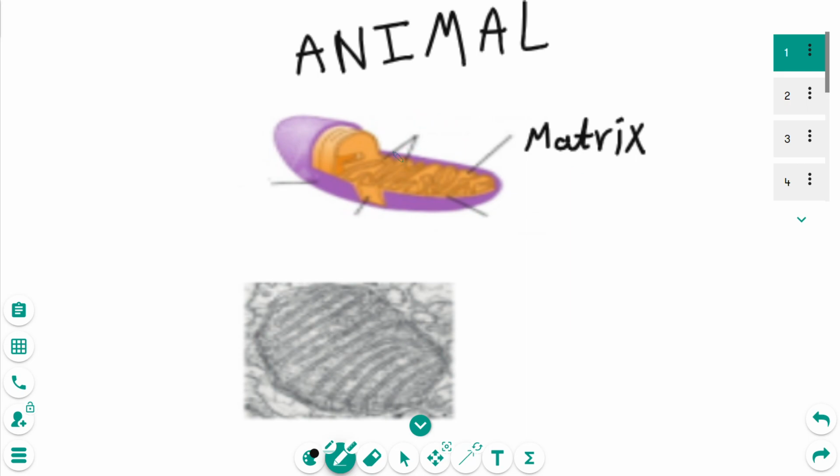The mitochondria have two membranes. They have an outer membrane, which is this purple bit here, and they have an inner membrane, which I believe is this arrow showing. Hold on one second, let me just double check.